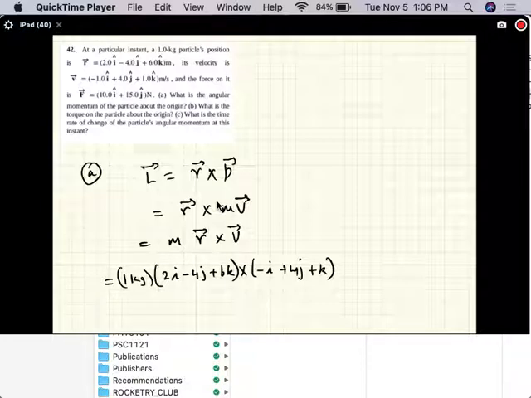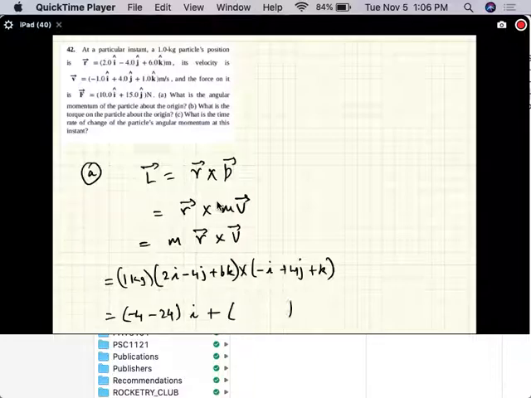All right, so this is equal to 1 kg. Well, we don't have to multiply the 1. We'll write down the final units. So the x component is ay bz minus az by, which is minus 4 minus 24.